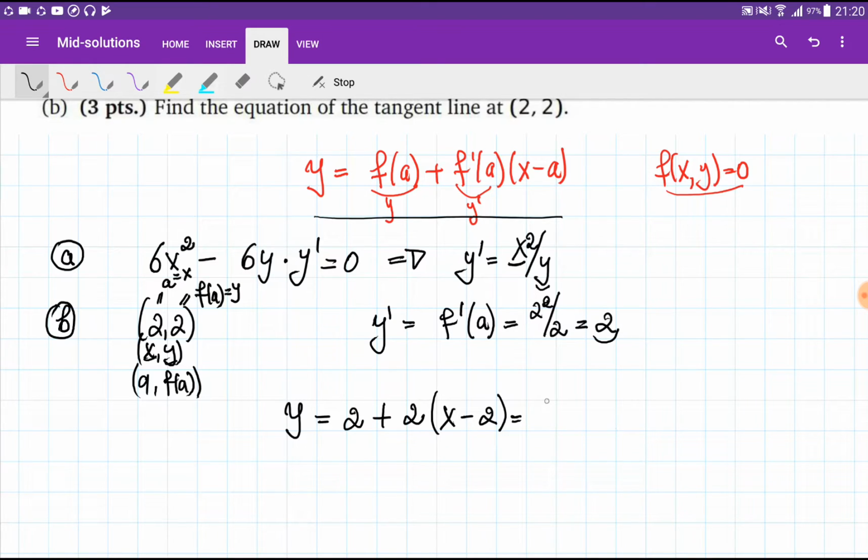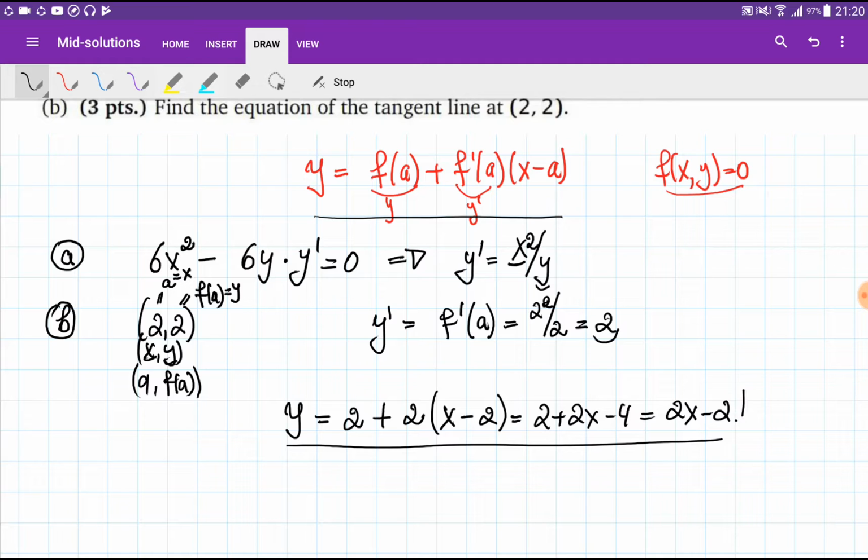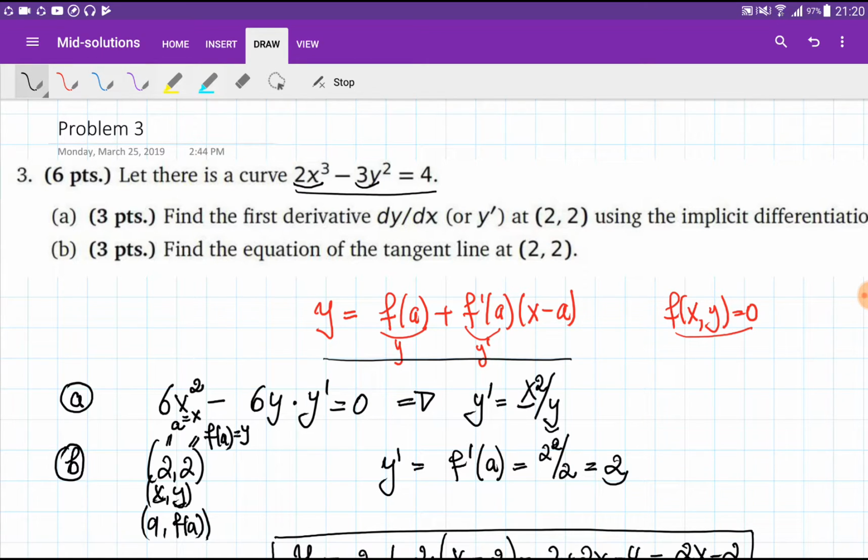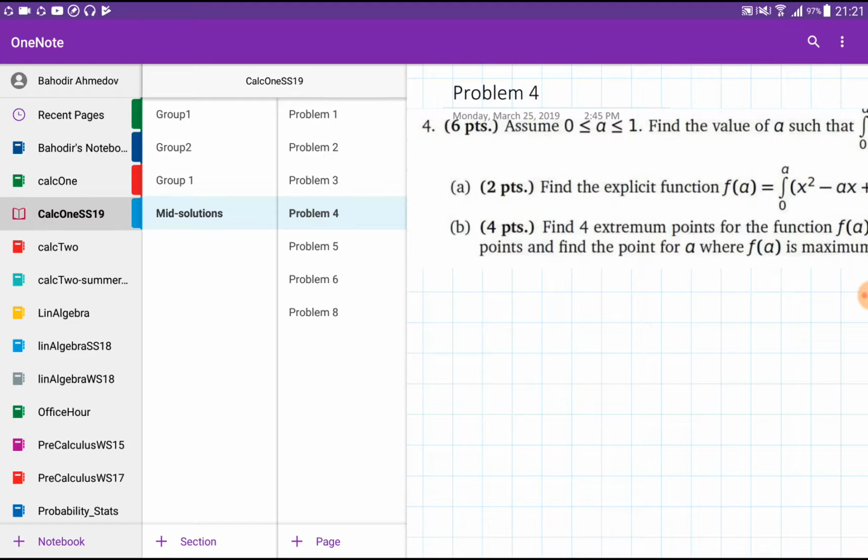So we'll get 2 plus 2x minus 4, or basically 2x minus 2. So this is the equation of the tangent line to this curve at the point 2 and 2. So let's go to the next problem.